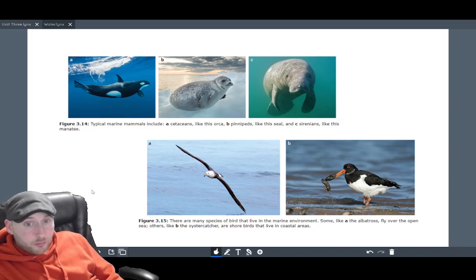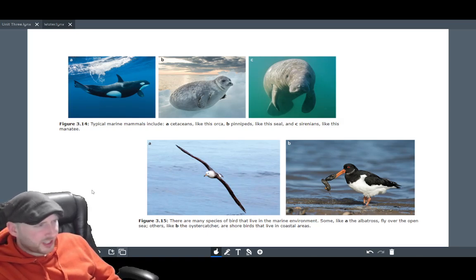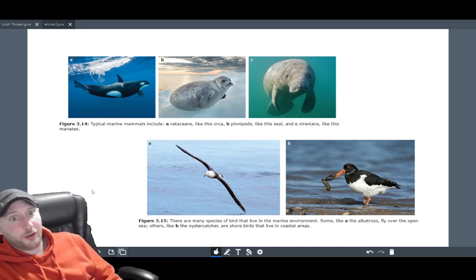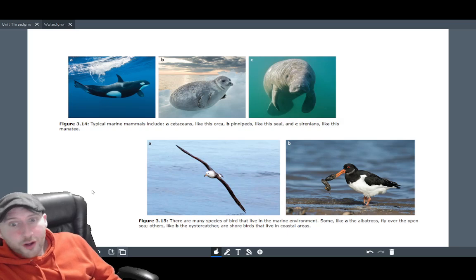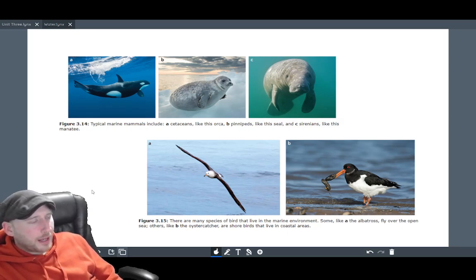Then we've got our two examples of birds here. First up, we've got the albatross. Now, the albatross is a kind of bird that will fly over the center. I say the center, maybe not the center of an ocean, but will fly over open ocean, over open water, and will dive down to catch fish in the ocean itself.